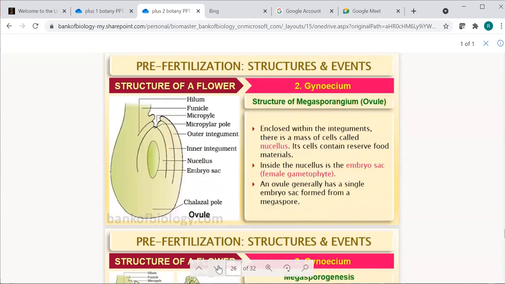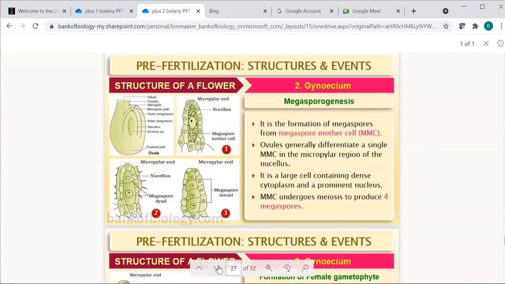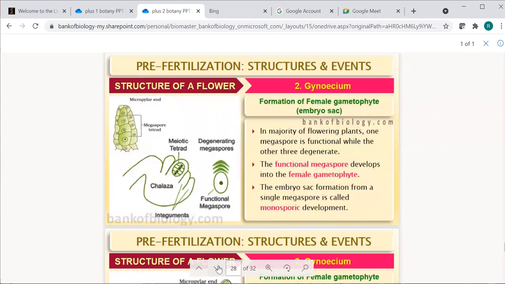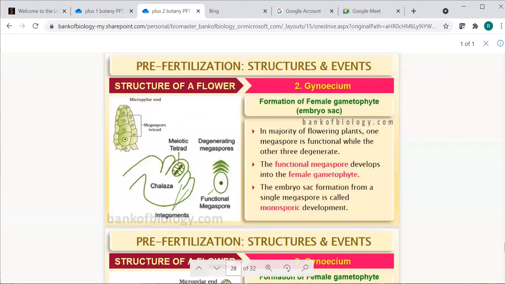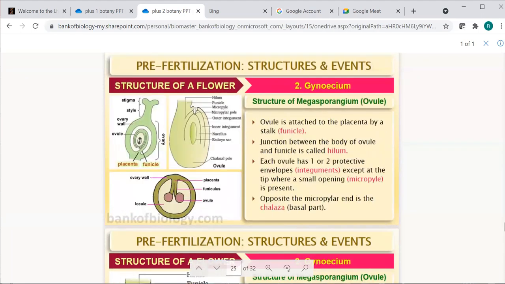Are you able to understand? Let me see if I have some better diagram. So the junction, the angle between the body of the ovule, you see the ovule, you see the funicle. So this area, this angle, is called the hilum.